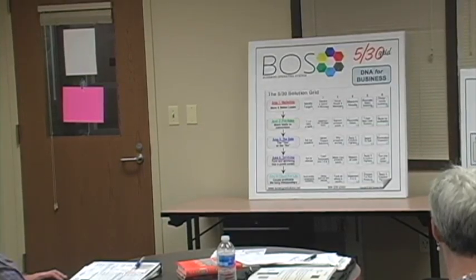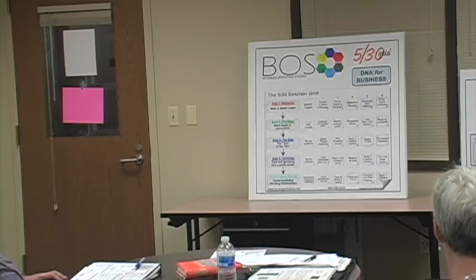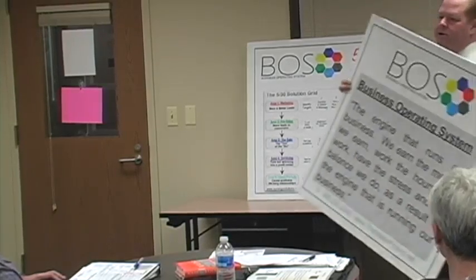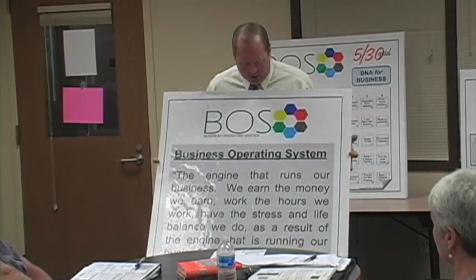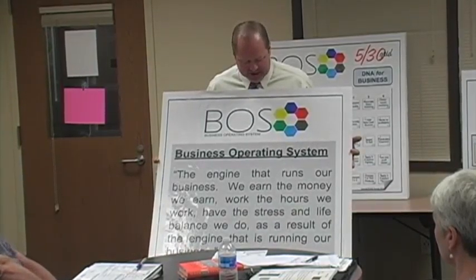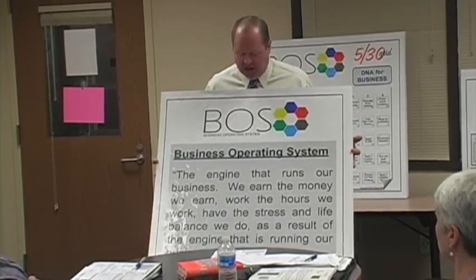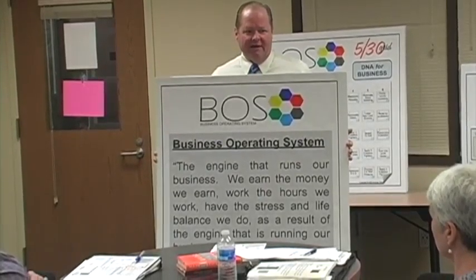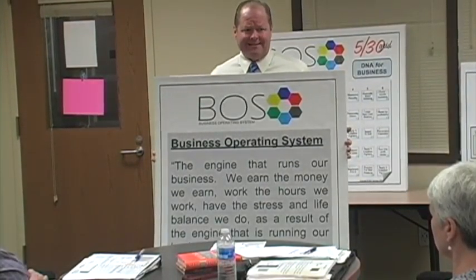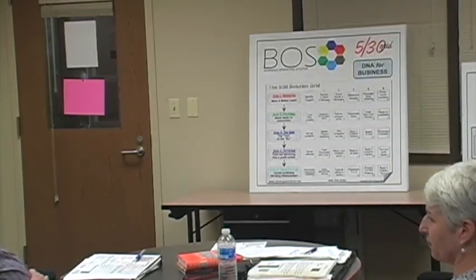The hours we work, the money we earn, the stress and life balance we have are a result of the engine that runs our business. You run it faster, more efficiently. You'll be having so much fun doubling your income in less time. That's the 530 Grid.